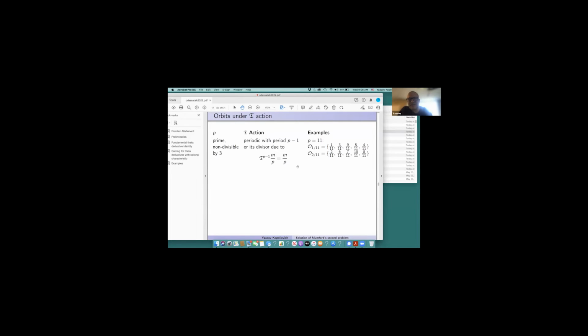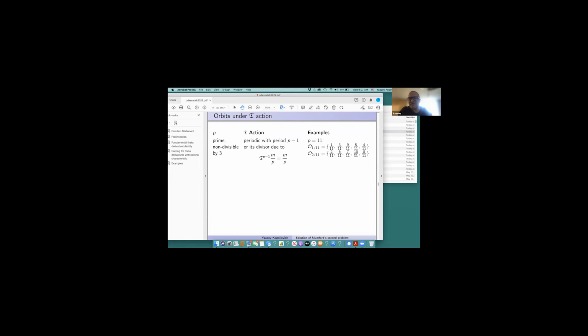Here's an example. If you start with the characteristic 1 over 11, this is going to be your orbit: 1 over 11, 3 over 11, 9 over 11, 5 over 11, 4 over 11. If you start with the characteristic 2 over 11, you have 2 over 11, 6 over 11. 6 times 3 is 18, 18 minus 11 is 7, so this is where the 7 is coming from. Now 7 times 3 is 21, minus 11 is 10. This is where 10 is coming from.